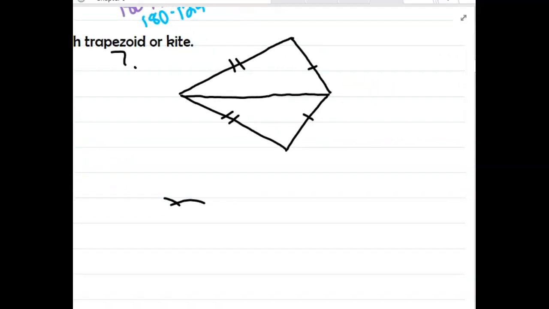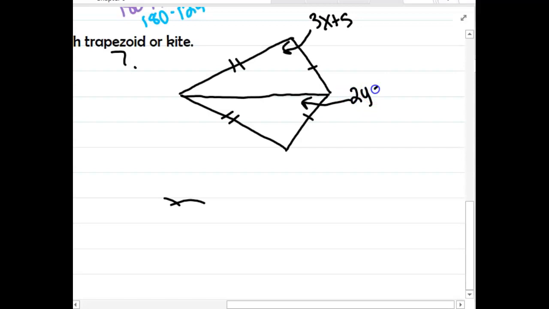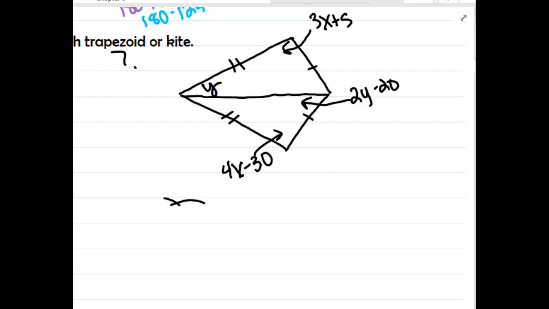Okay, this top angle is going to be 3x plus 5. This bottom angle down here is going to be 2y minus 20. The very bottom angle will be 4x minus 30. And then this angle right here will be y.